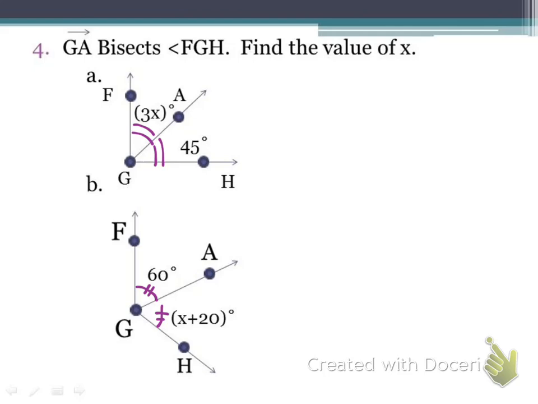All right, so in example A, I know that FGA is congruent to AGH. So what can I do with the 3x and the 45?